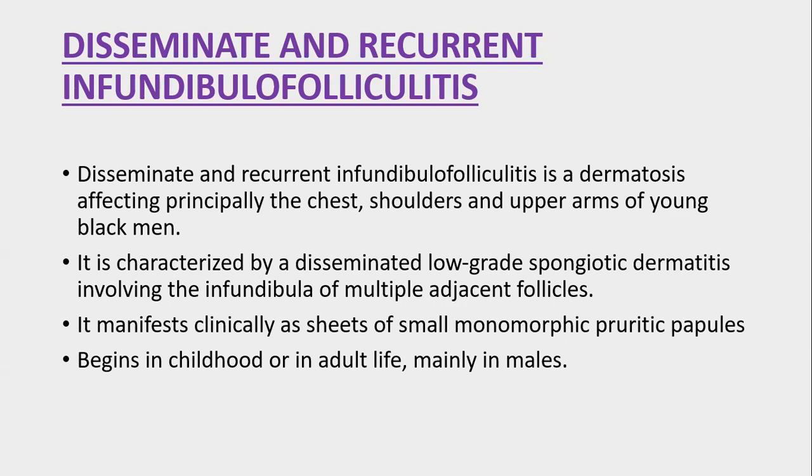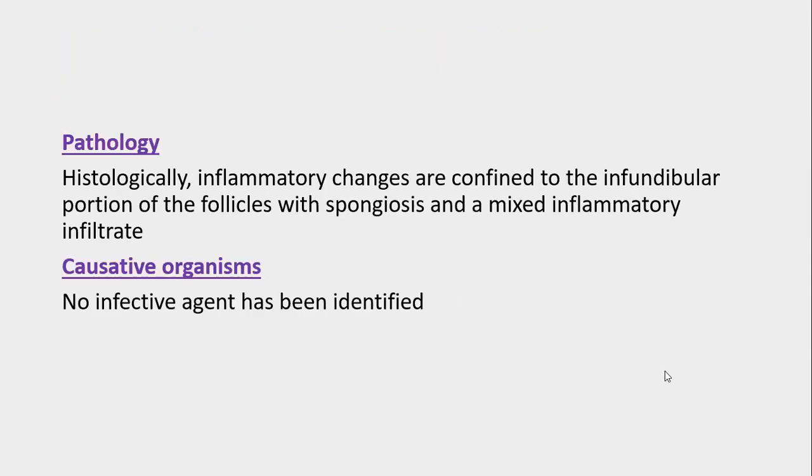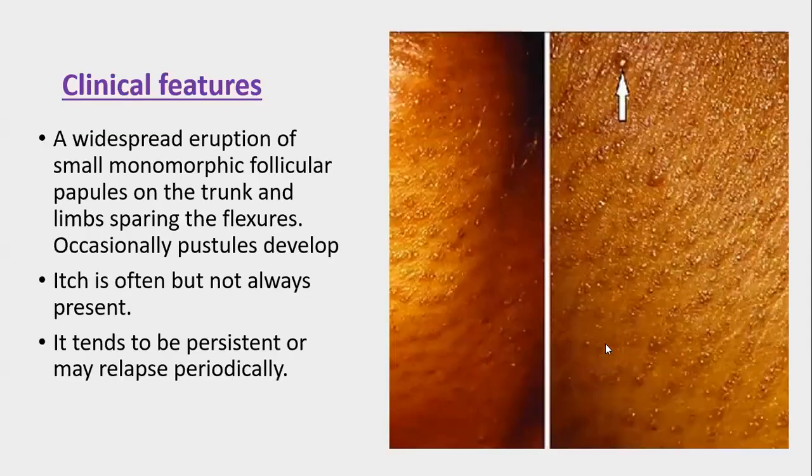It again manifests in the form of monomorphic pruritic papules, beginning in childhood and adult life. Histologically, the inflammatory changes are confined to the infundibular portion of the follicles with spongiosis and mixed infiltrate. No particular infective organism is identified.